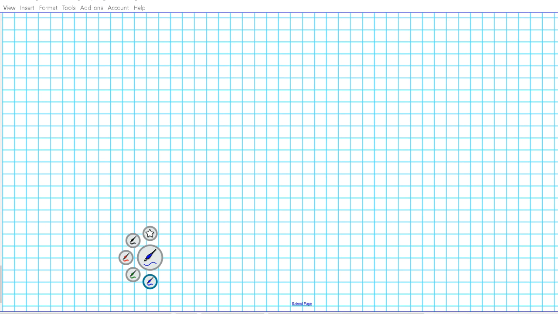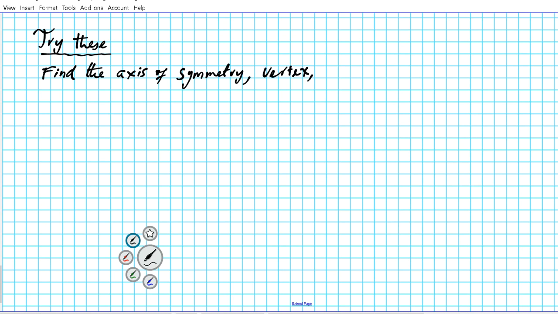Alrighty, now it's your turn to do some practice problems. The instructions for these practice problems are exactly the same as before. You're to find the axis of symmetry, the vertex, and sketch.